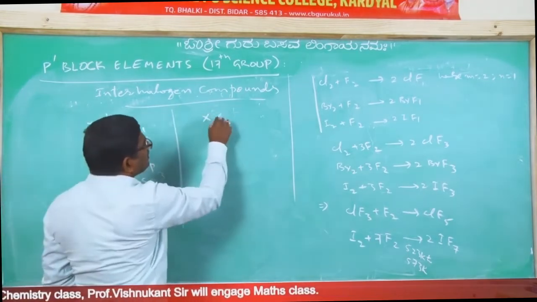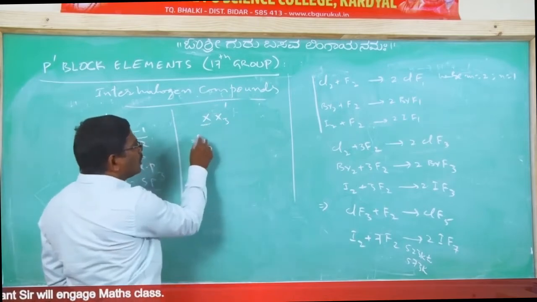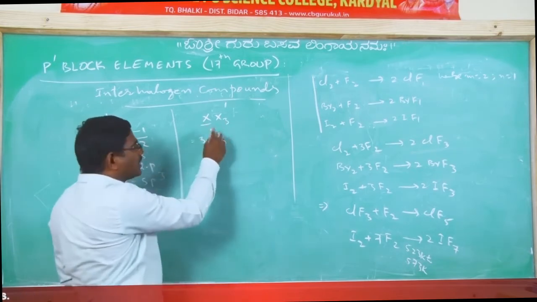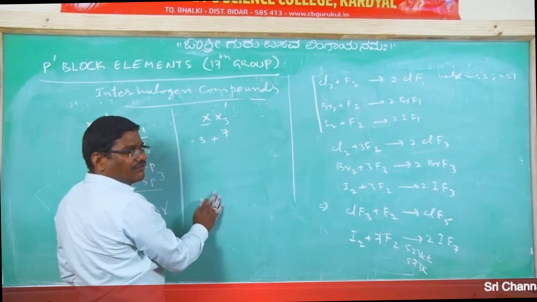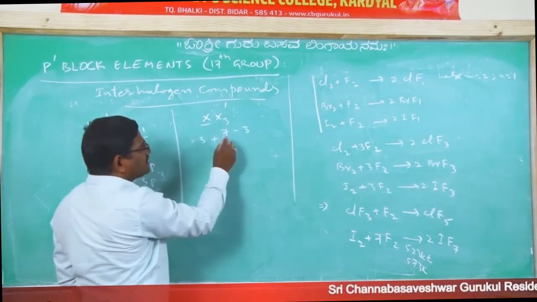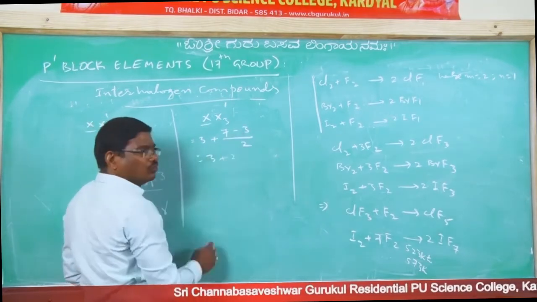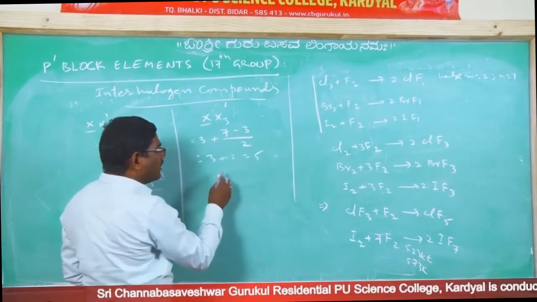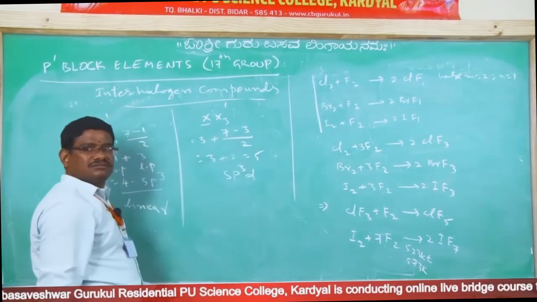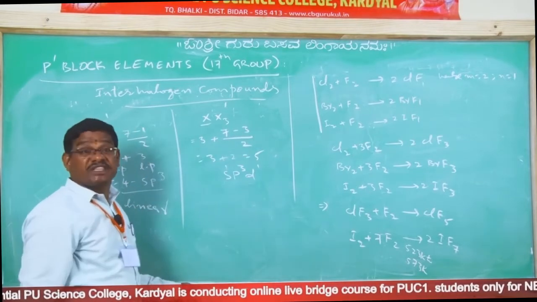Similarly, XX3 dash, if you consider, X is the central atom. Around it how many atoms are attached? 3, na? Around it 3 atoms are attached. Group number of central atom 7. Its oxidation number 3. Here minus 1 into 3, therefore plus 3 divided by 2. So 3 plus 7 minus 3, 4 by 2 will be 2. 3 plus 2 will be 5. 5 will be s1 p3 d1, 1 plus 3, 4 plus 1, 5. So sp3d hybridization.